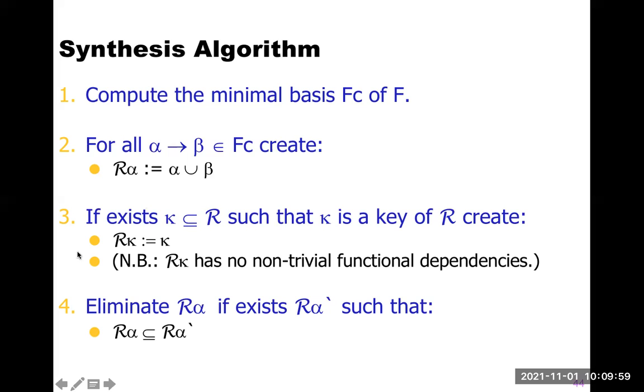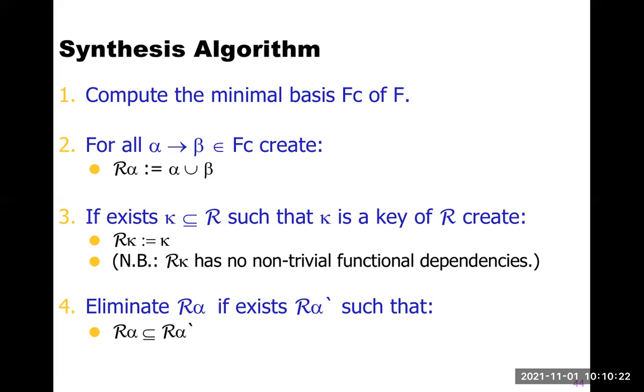So that's just an optional step: if we have no dependencies, or a single dependency that has the key of the original table as the left part of that dependency, then we just keep our table. That's the rule.